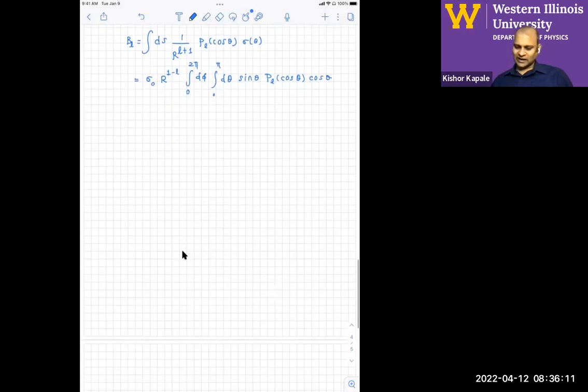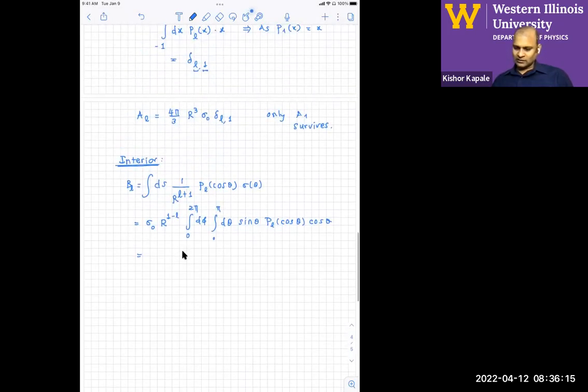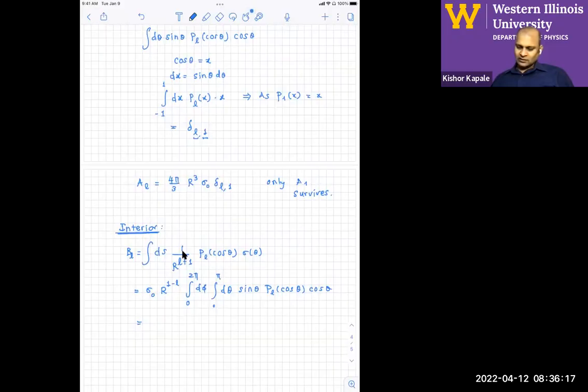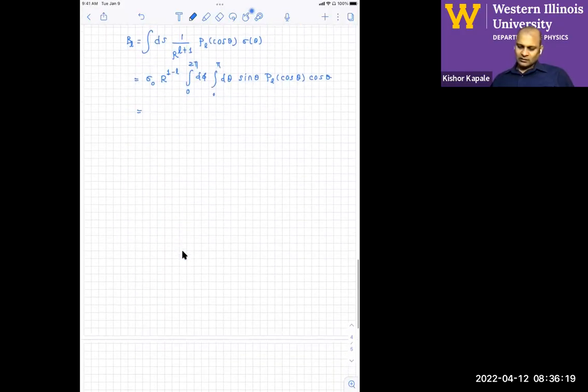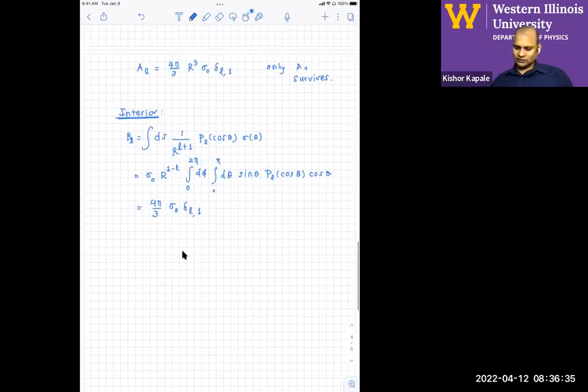So again, it's essentially the same integral that we saw earlier here. And then we're going to get 4 pi over 3 sigma 0 delta L1. Okay, everybody with me so far?